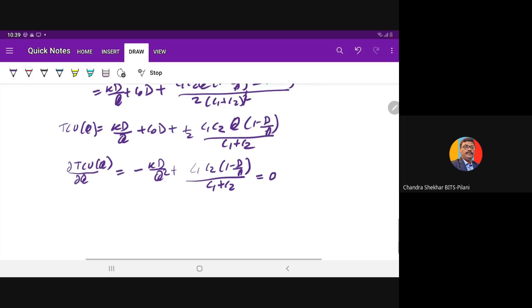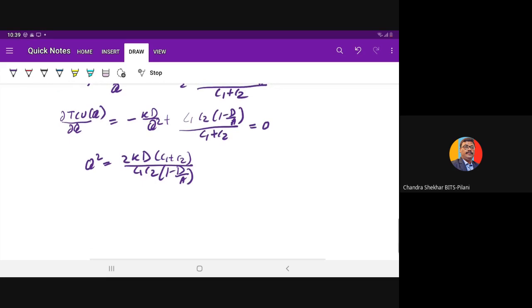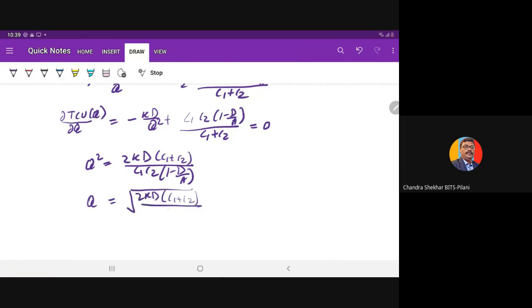So when it is 0, we have Q square equal to 2 KD C1 plus C2 upon C1 C2 into 1 minus D upon A. So from here Q will come as root of 2 KD C1 plus C2 upon C1 C2 into 1 minus D upon A. That is our Q star.